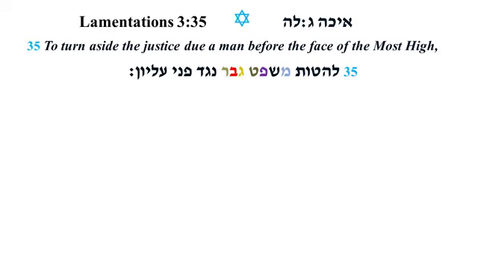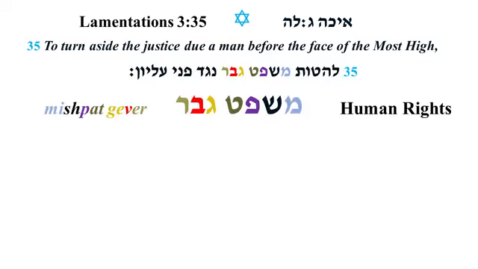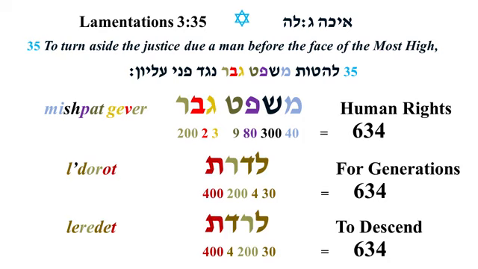Let's see. Lamentations 3:35. To turn aside the justice due a man before the face of the Most High. This is the word mishpat, the word for human rights. And it adds up to 634. And there's two other words that add up to 634. One of them is ladorot, which is for generations.